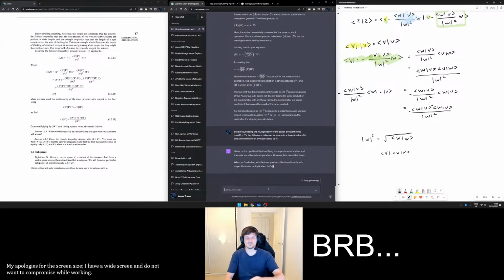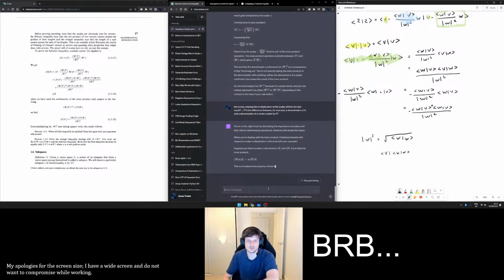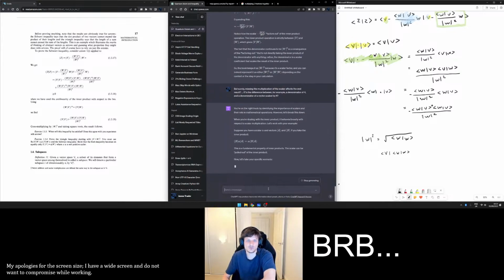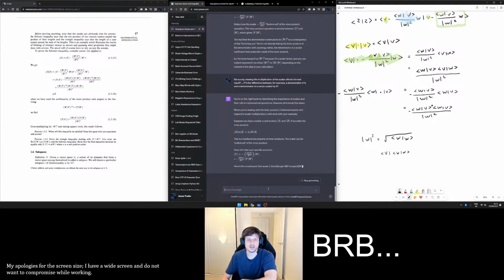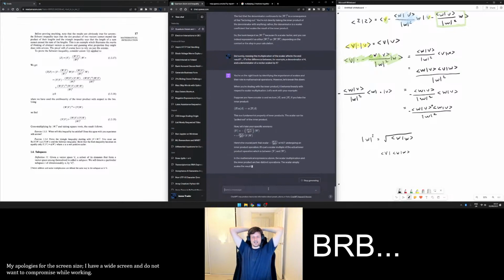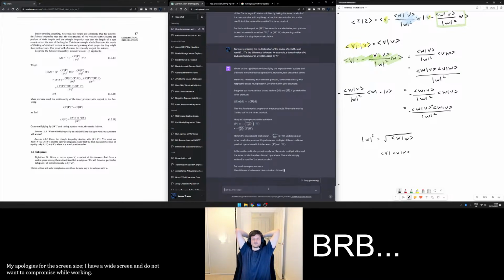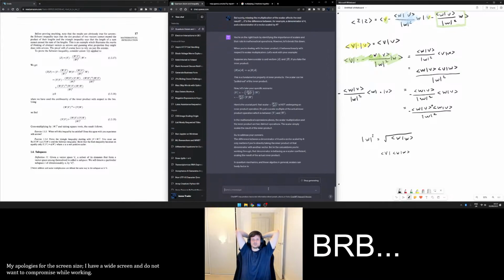You're on the right track by identifying the importance of scalars and their role in mathematical operations. However, let's break this down. When you're dealing with the inner product, it behaves linearly with respect to scalar multiplication. Let's work with your example. Suppose you have a scalar a and vectors, a ket and b and bra b.